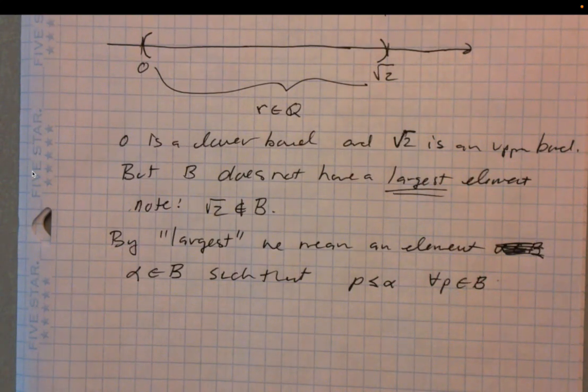If alpha was the largest element in B, then everything in B would be smaller than alpha, and alpha would be a member of B as well. But notice in this case, we can't find such an element.